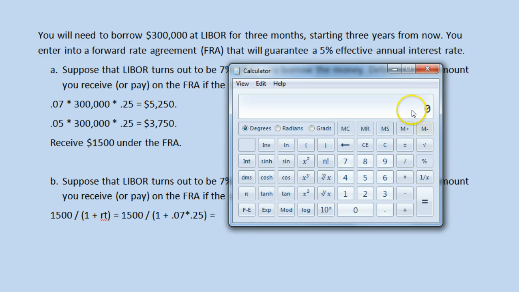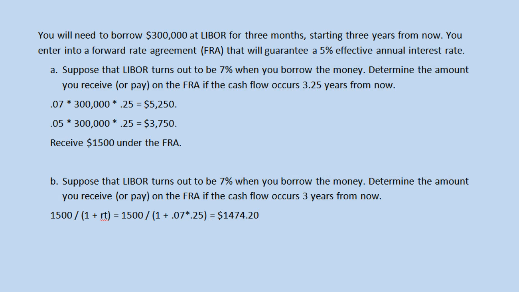Pull up the calculator here. 1,500 divided by, open parentheses, 1 plus 0.07 times 0.25 is 1474.20. Slightly less that you will receive under the FRA because you are receiving that money earlier.